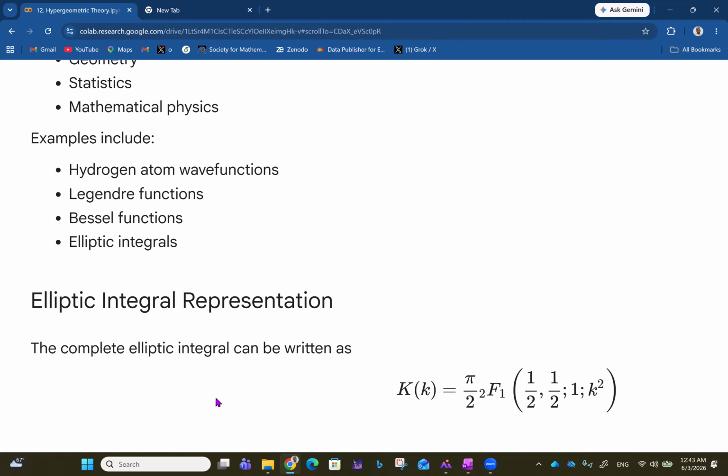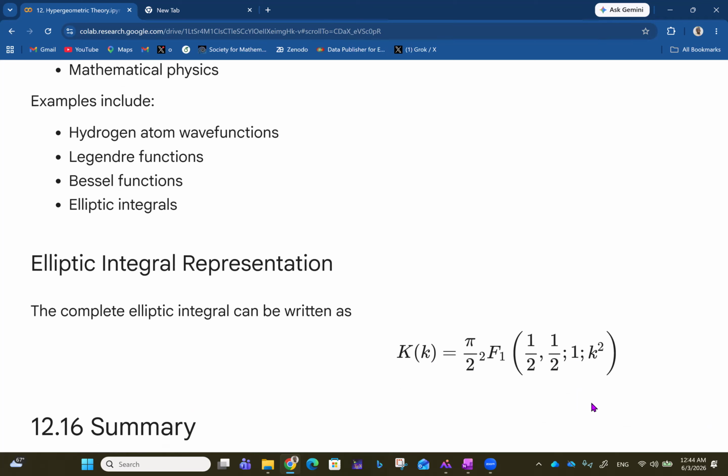So we then have the elliptic integral representation. The complete elliptic integral can be written as big K of small k, which is pi over 2 times 2F1 of half comma half semicolon 1 semicolon k squared. That's the elliptic integral representation.